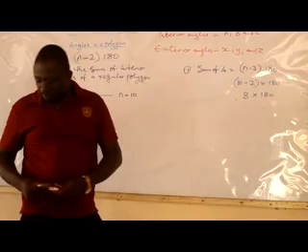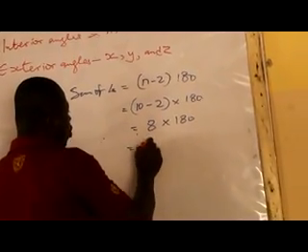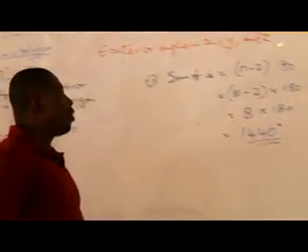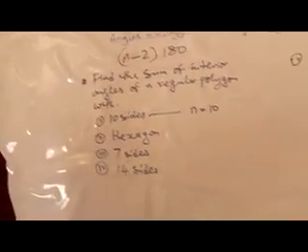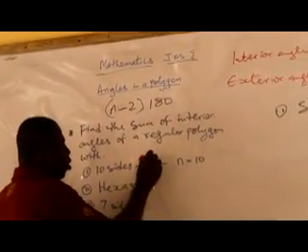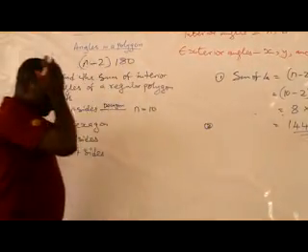If you check with your calculator, 8 times 180 will give us 1440 degrees. This is the sum of angles in a polygon with 10 sides. That polygon with 10 sides is called a decagon, if you remember.